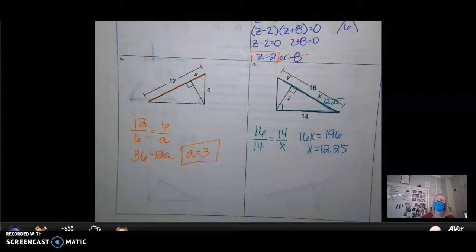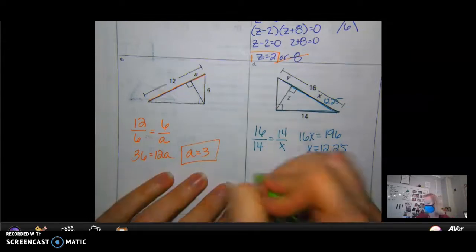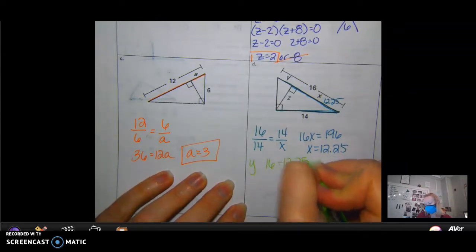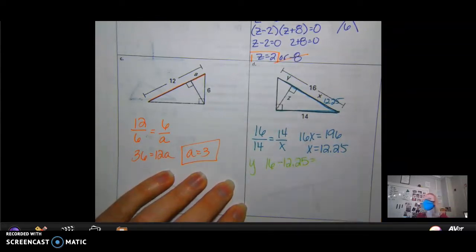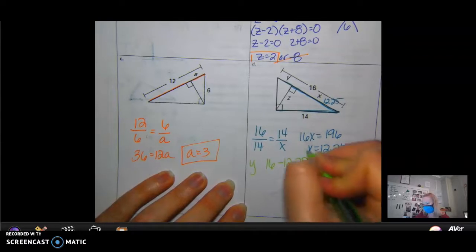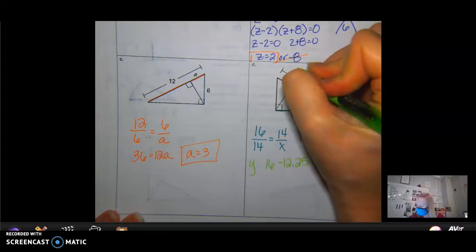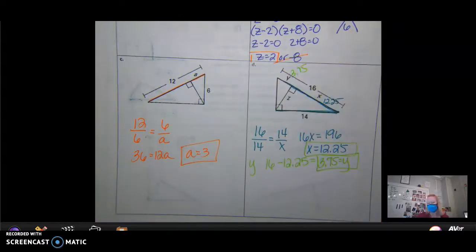Okay. All right. Once I've done that, what can I solve for next? Y. How am I going to solve for y? So this one should be really quick and easy. What is y then? 3.75 for y. Okay. Then, once I've done that, I can solve for z.